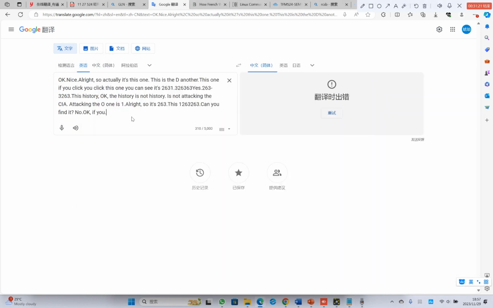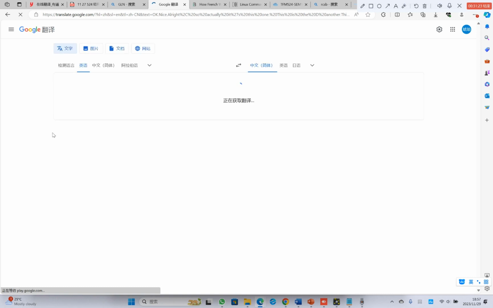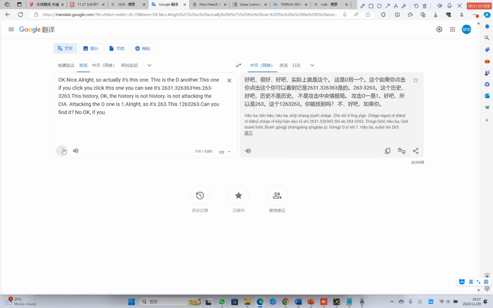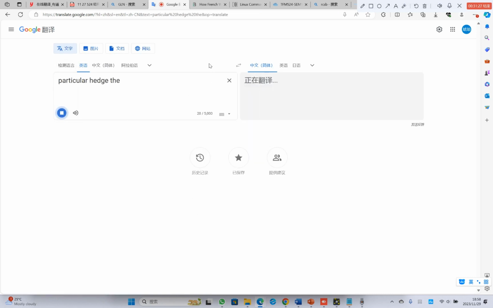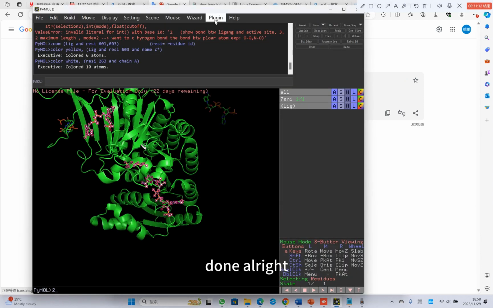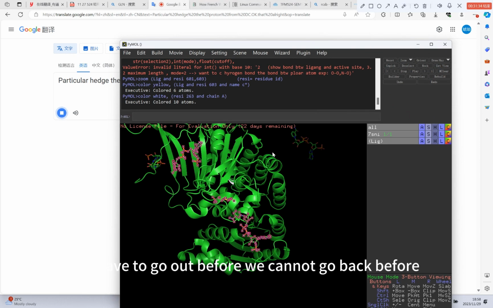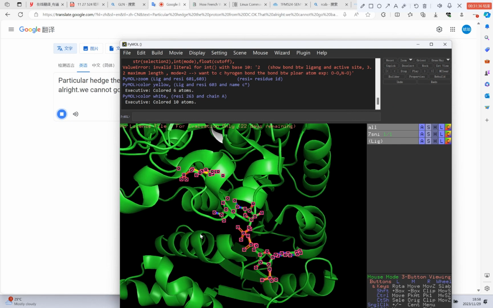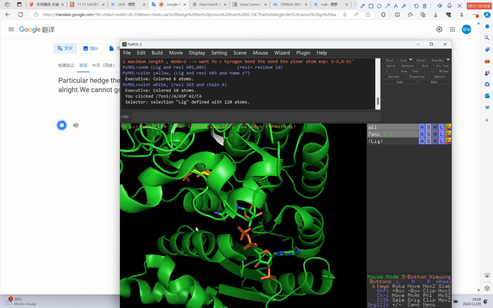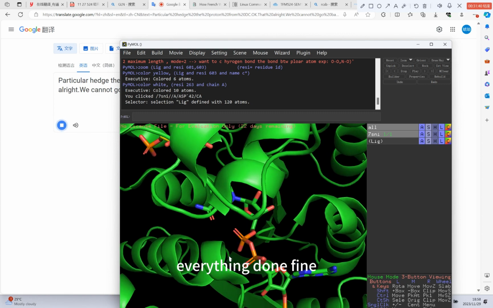Never mind. There's one H here. Actually, this is the ring of the NADPH, which is going to the H of the proton from this C. Okay? Done. Alright? We have to move on. If not, we cannot go back before 9. Everything done. Fine.